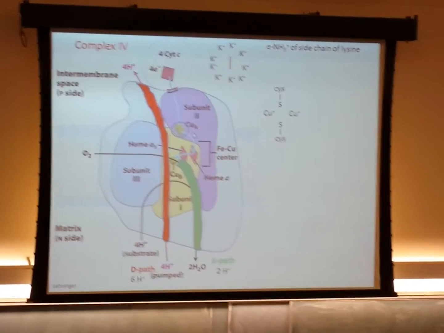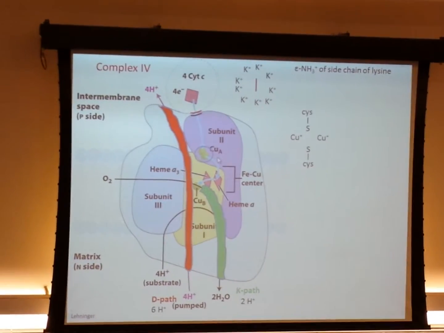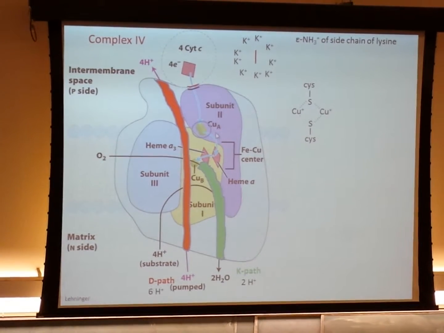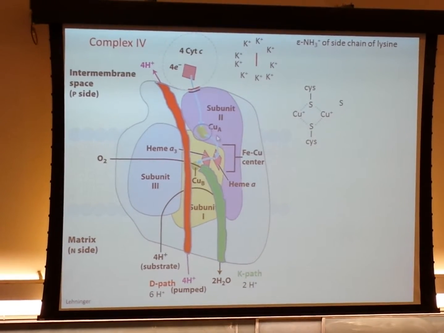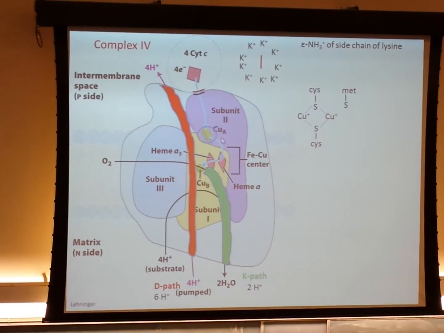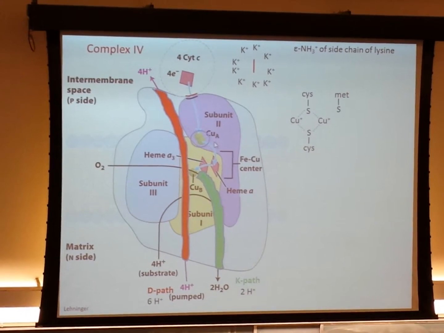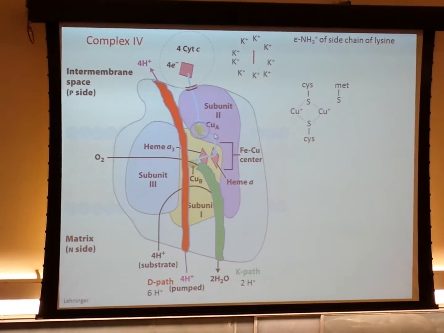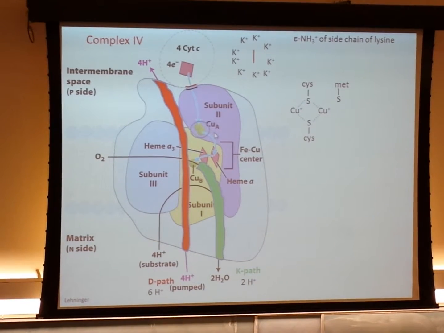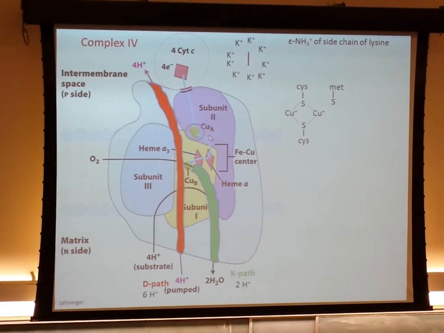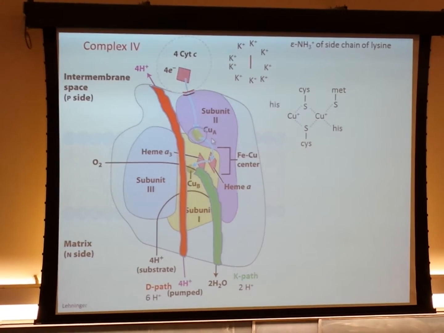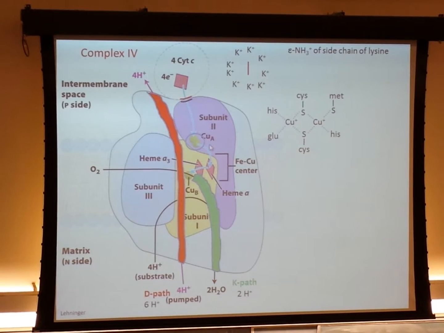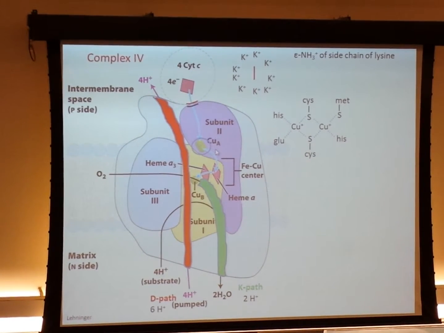So these cysteines are part of the protein, side chains of some cysteines, and now they're forming bonds to this, and then the coppers also have bonds to a methionine. Remember the side chain of a methionine? CH2, CH2, S, CH3. Well, this is the S side chain of methionine. Now we're leaving off the CH3 and the other parts. So it's organized like this with a glutamate and some histidines. The point is, all of these residues are part of the protein.